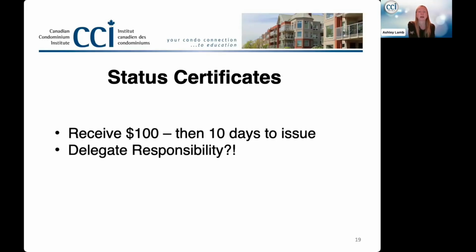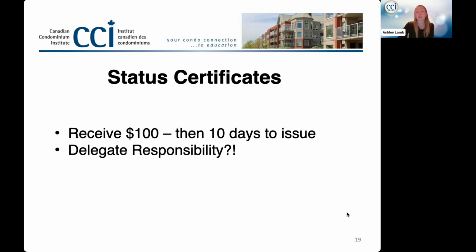The number of units that are currently leased in the complex will also be noted in the status certificate, along with a copy of the proof of their condo insurance, as well as the declaration, rules and regulations, bylaws, and budget as well.